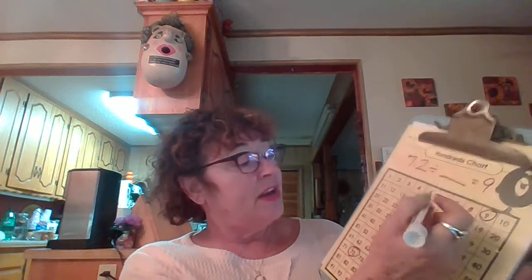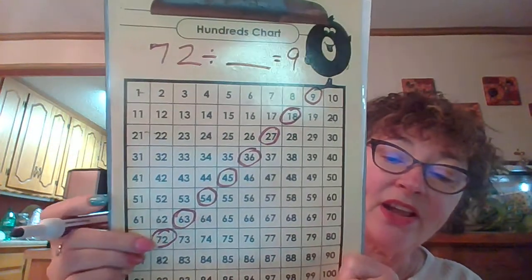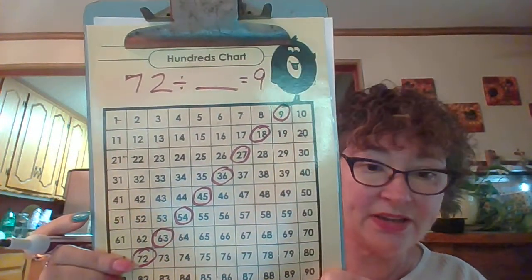Because I know on my hundreds chart that if I do this with the nines, I don't even have to count. And this is an easy way to learn your facts. There. I circled every 9 all the way down to 72.